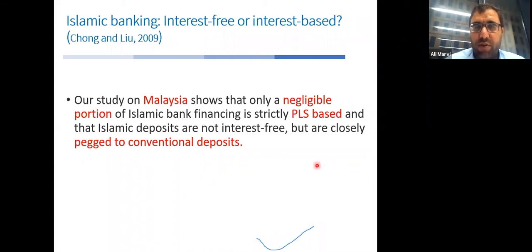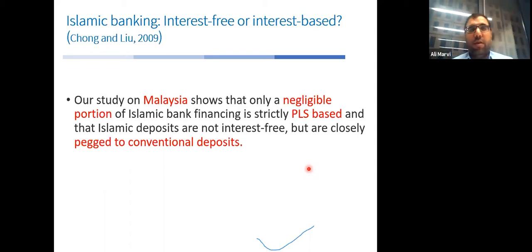For example, Chong and Liu published a paper in 2009, which is titled Islamic Banking, Interest-Free or Interest-Based. They focused on Malaysia, and they show that only a negligible portion of Islamic bank financing is strictly PLS based, and that Islamic deposits are not interest-free but are closely pegged to conventional deposits.